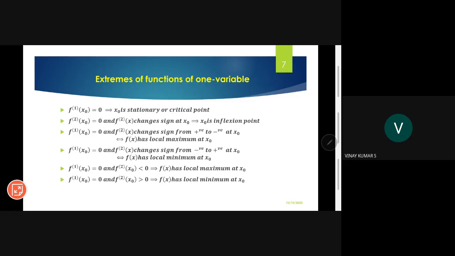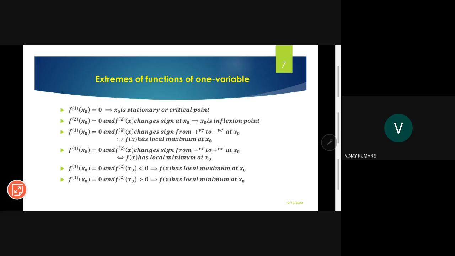So here I explained: x0 is called a stationary point or a critical point when f dash of x naught is equal to 0. Then if the second order derivative at x naught is 0, and f double dash changes sign at x naught, then x0 is called a point of inflection.